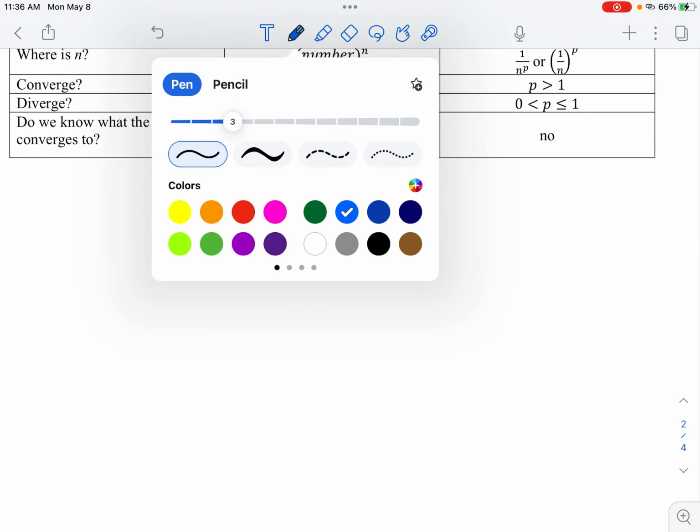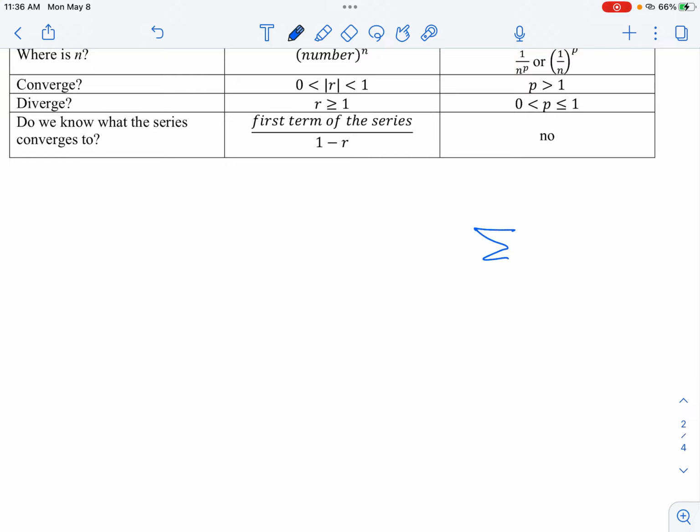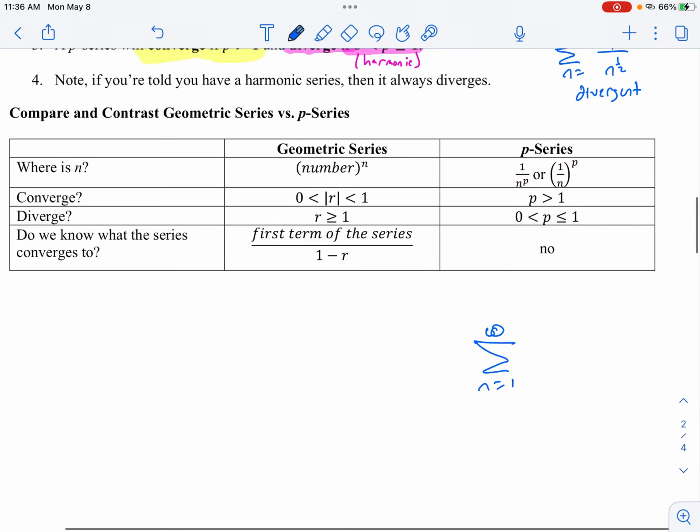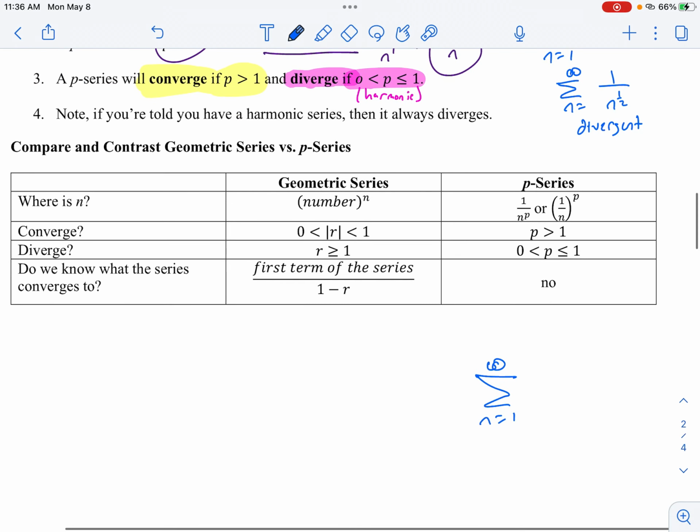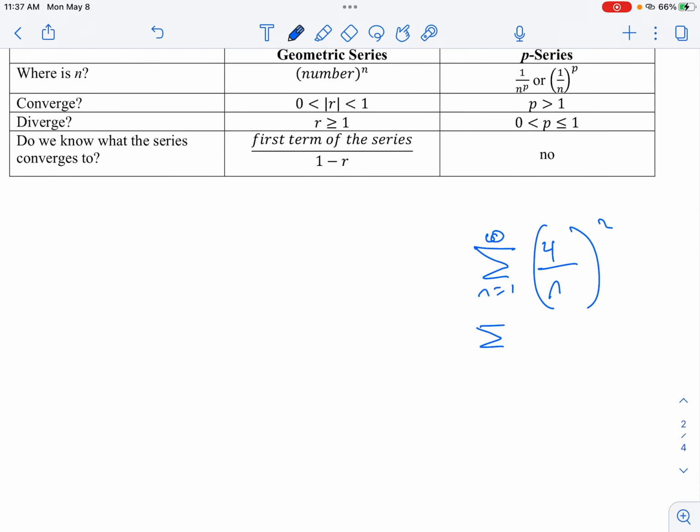Let me give you one more example. Let's say we have the summation from n equals 1 to infinity of, I don't know, we could have other numbers here, 4 over, let's say, n squared, maybe it's all squared, doesn't matter. We could rewrite that as the sum from n equals 1 to infinity of 16 over n squared.